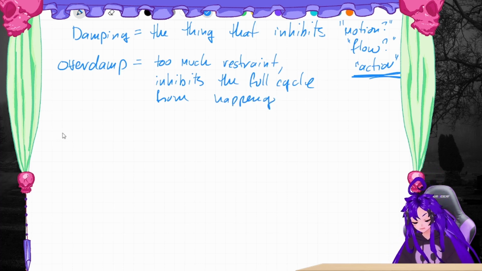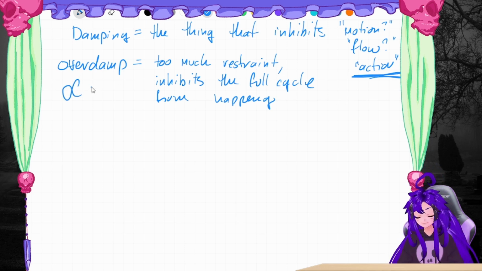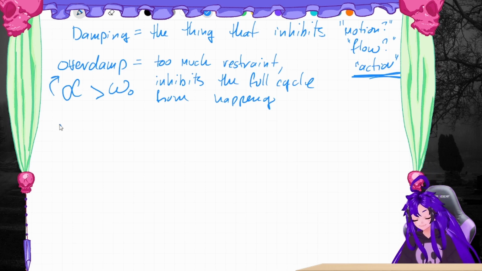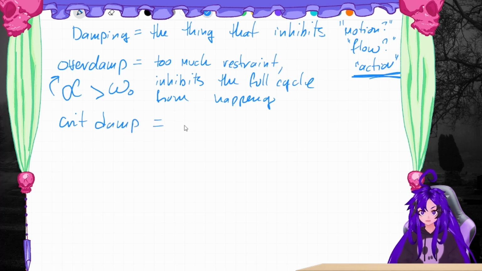And then you've got critically damp. And by the way, this is the alpha greater than omega naught one. So then you've got critically damp. I did something wrong here. Hold on. Critically damp is just enough.